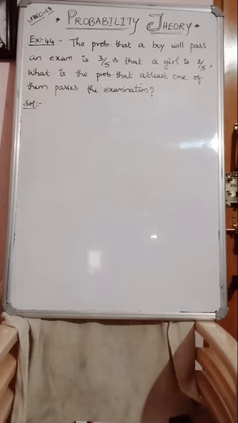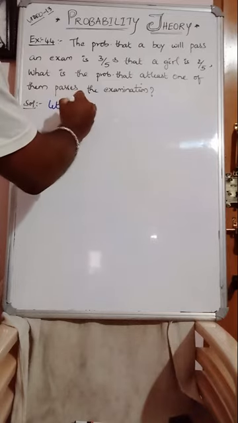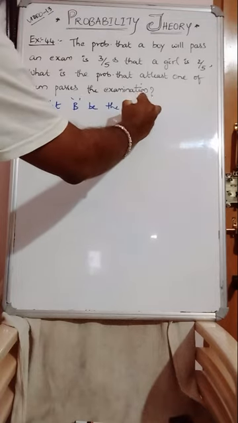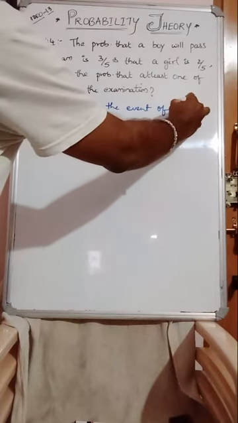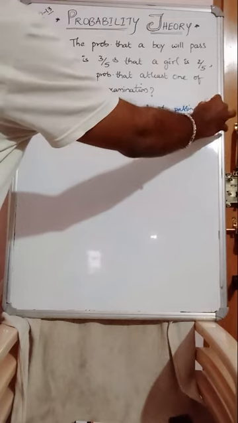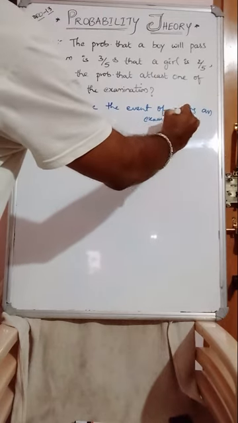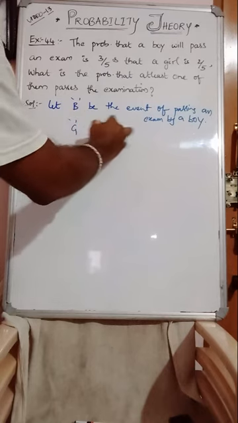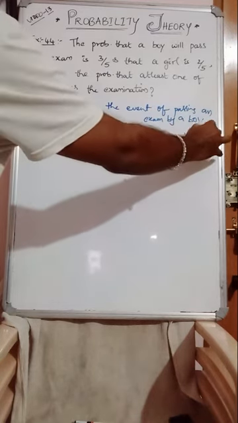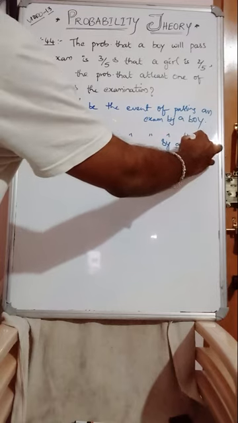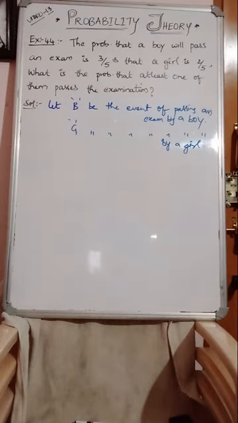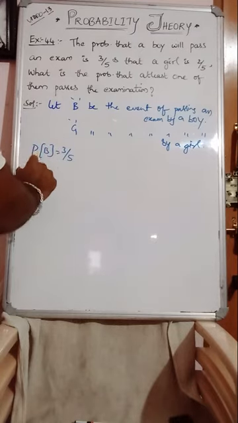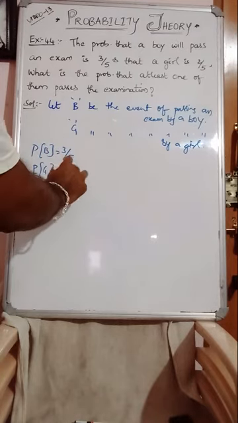So let B be the event of passing an exam by a boy. Next, G be the event of passing an exam by a girl. Clear? So let us write those probabilities. The probability of the boy is given as 3 by 5 and the probability of the girl is given as 2 by 5.